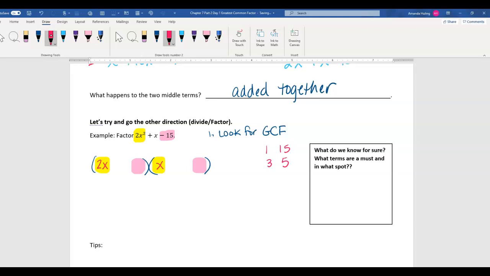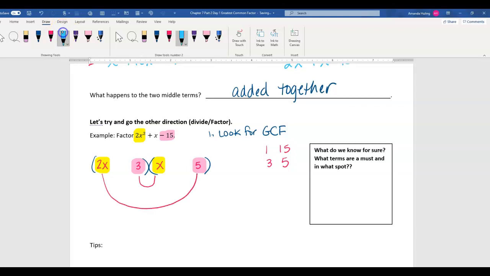So what I'm going to do is I'm just going to go ahead. I typically pick the numbers that are closer together, and I'm just going to put in a 3, and I'm going to put in a 5, okay? Now, so far, I know that 2x times x is 2x squared, and I know 3 times 5 is 15, and I know I need a negative, but let's just check to see if it's even possible to somehow get that positive x. Remember, that positive x comes from this nose and this mouth when we multiply.